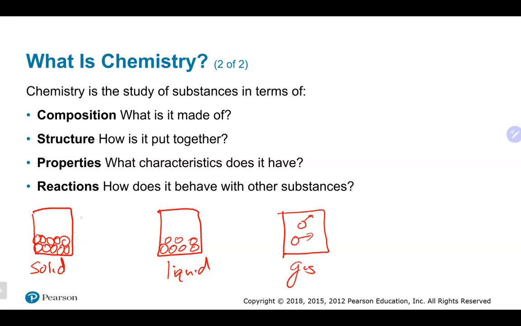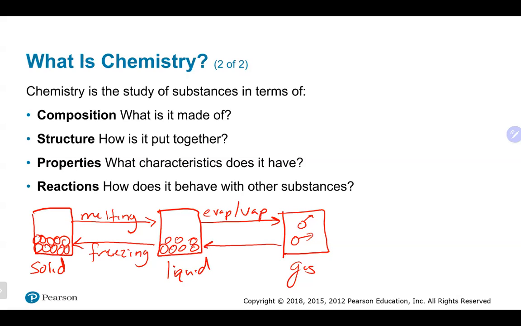So for example, if we go from solid to liquid, that is the process known as melting, right? If we go from liquid to solid, that's the process of freezing. If we go from liquid to gas, that's the process of evaporation or vaporization. If we go from gas back to liquid, that is the process of condensation.